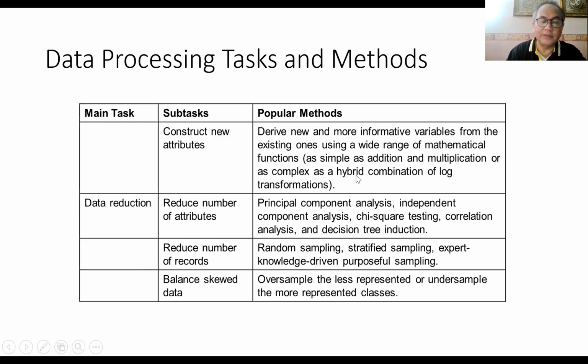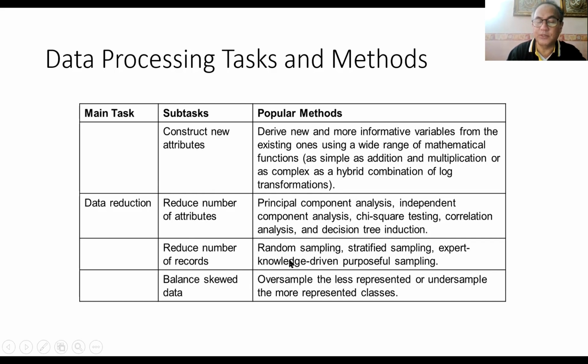And then lastly, you need to reduce the number of attributes. You define what component you want to analyze, and maybe you can do independent component analysis, chi-square testing, correlation analysis. You can do decision tree induction. You can also reduce the number of records by doing random sampling, stratified sampling, or expert knowledge-driven purposeful sampling.